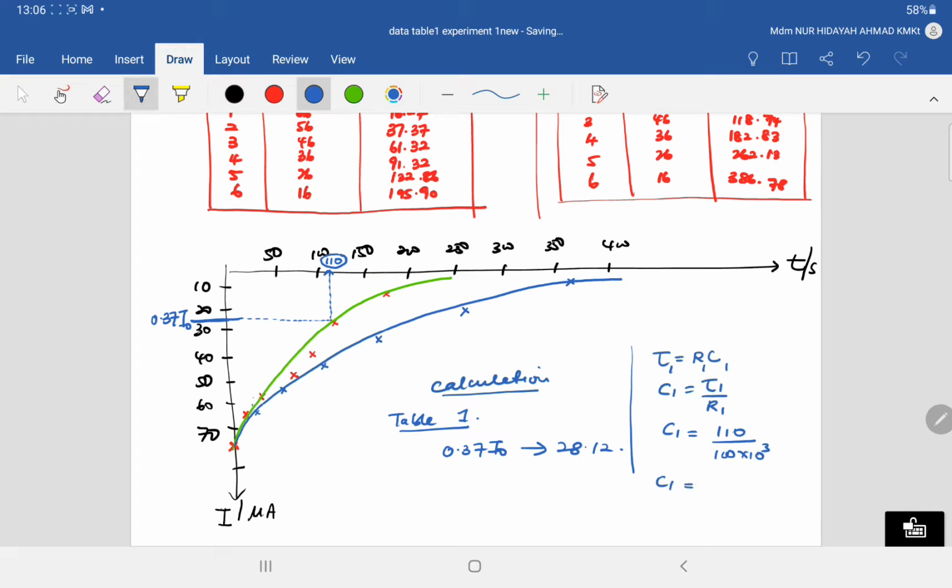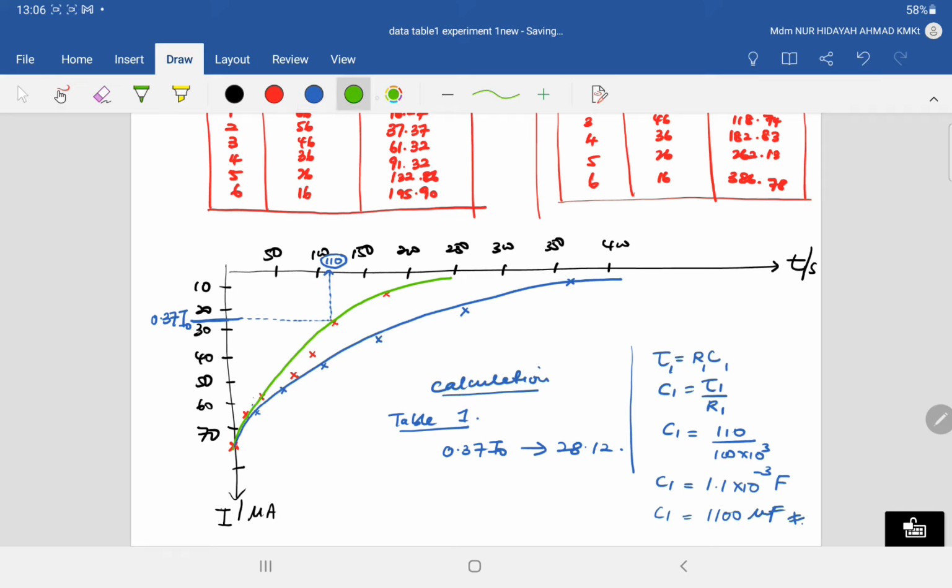So C1 is about 1.1 times 10 power negative 3 farad, therefore C1 is about 1100 microfarad. That is C1, for table number 1.